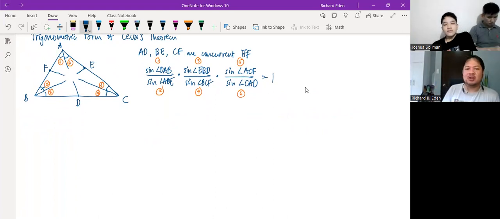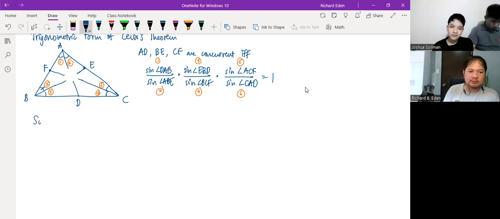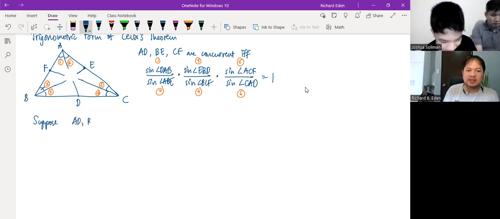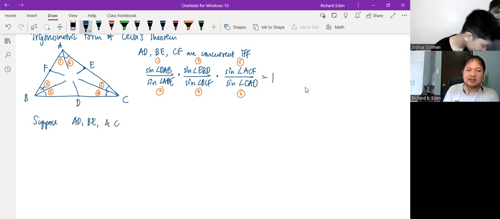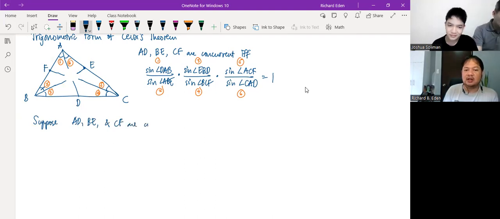So, syempre, we're going to come up with expressions for each of the three ratios, and what we anticipate is going to happen is that a lot of those expressions will cancel each other, leaving us with just 1. So, suppose AD, BE, and CF are concurrent.